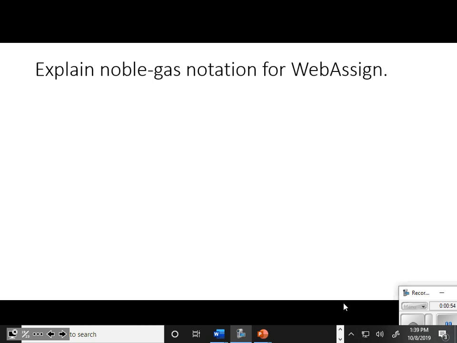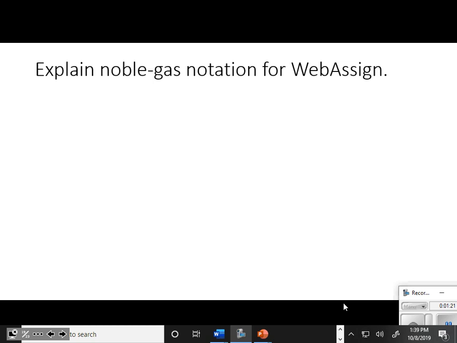What I call the lazy man's way of doing it is the noble gas notation. So I'm going to show you that because you're going to need to know the noble gas notation for WebAssign. Now, I rarely use the noble gas notation. Okay? I write them all out.